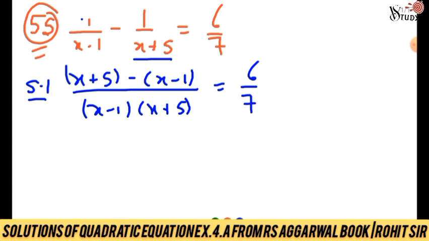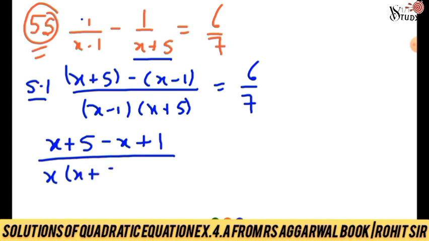Now open the small bracket in the numerator and multiply in the denominator. Now we have x plus 5 negative x positive 1 upon x going to be multiplied by x plus 5 and negative 1 going to be multiplied by x plus 5 is equal to 6 upon 7.